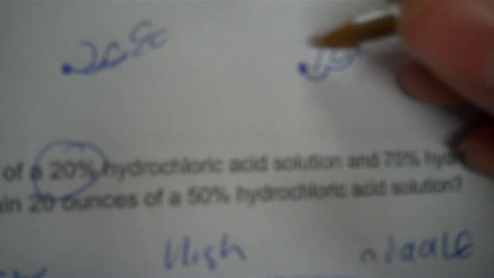Now the percent, you just write the percents in decimal form. So the low percent's 20%, 0.20, or 0.2, I don't care. The high, that's 70%, because you're mixing the low with the high, 0.70. Then you don't add these, it's totally different. See, there's a middle percent. Okay, the middle percent's 50.